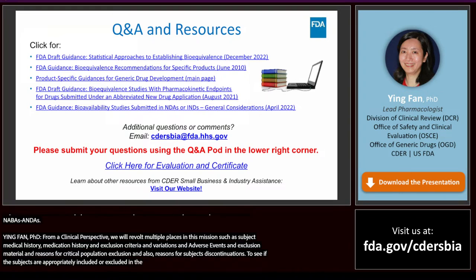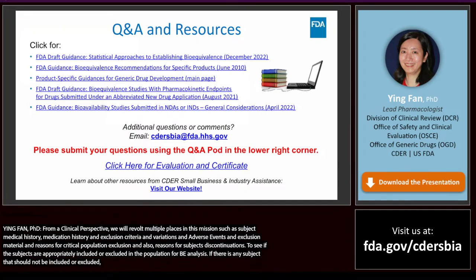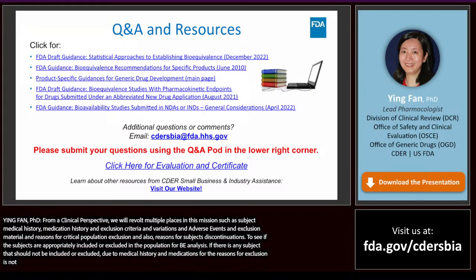And if there is any subject that should not be included or excluded, due to medical history, inappropriate concomitant medications, or the reasons for exclusion are not appropriate, then we will make adjustments to the per protocol population accordingly.